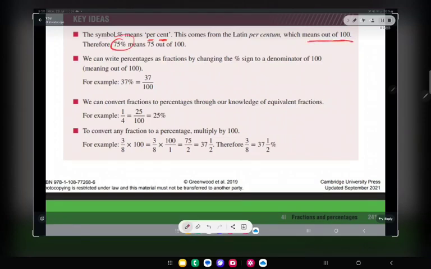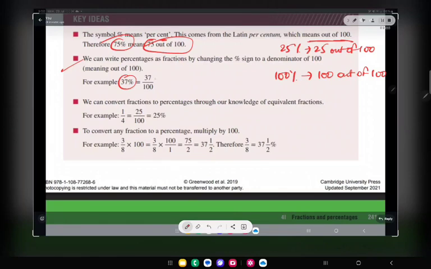So 75% means 75 out of 100, 25% means 25 out of 100, and 100% means 100 out of 100, like that. Now if you see 37%, that means it's 37 out of 100.